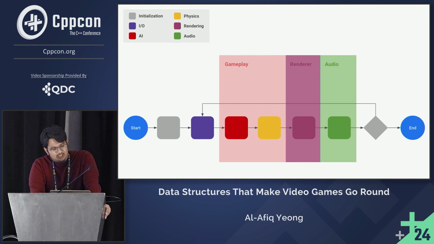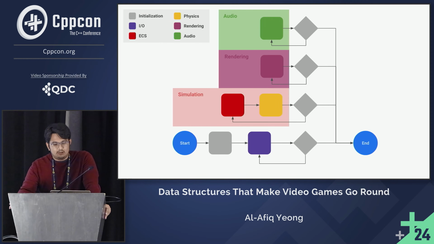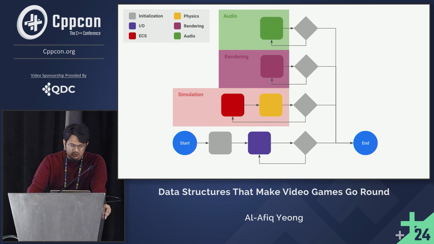Now, fast forward to today, it's still somewhat similar, except most of these categories would have their own thread because of how high of a workload they compute. We start the game, do all of the initialization, go into the game loop. The game loop in the main thread would then just listen for inputs from the kernel's message pump.